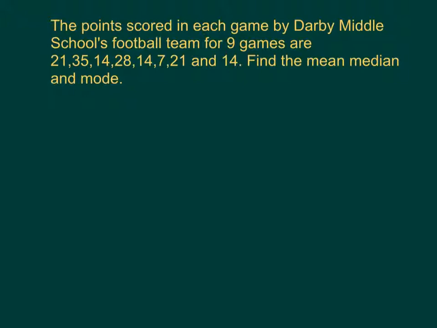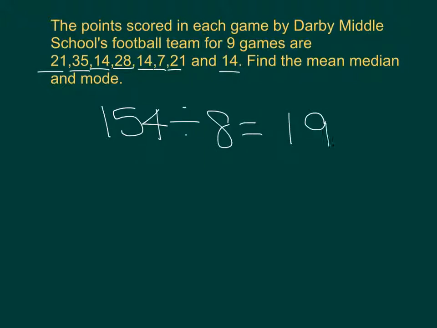So you add 21 plus 35 plus 14 plus 28 plus 14 plus 7 plus 21 plus 14, and you should get 154. There is 1, 2, 3, 4, 5, 6, 7, 8 numbers in the set. So you would divide that number by 8 to get 19.25 is the mean.